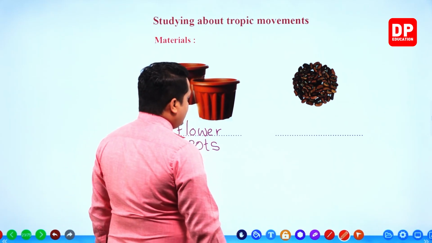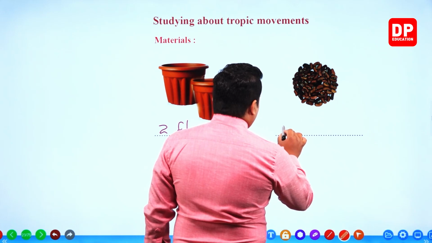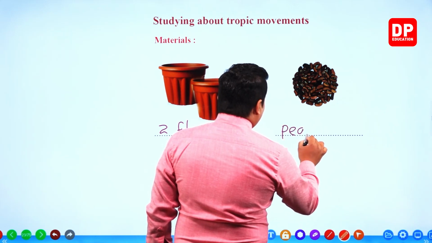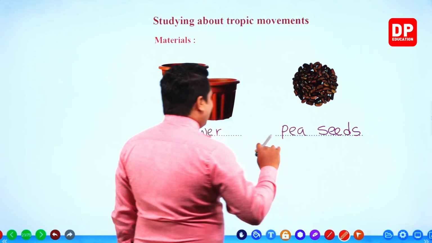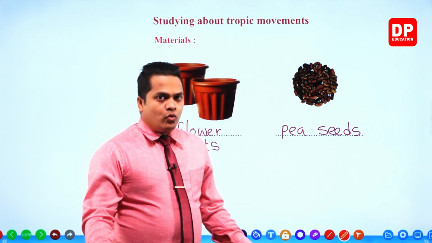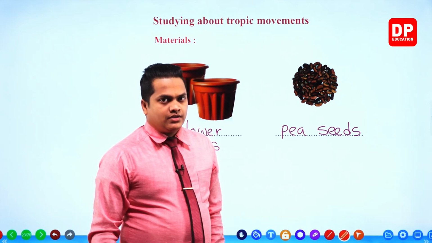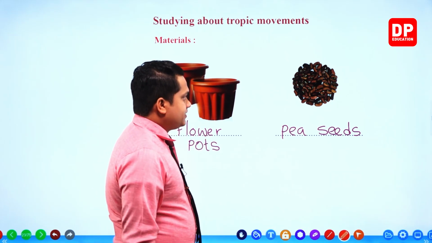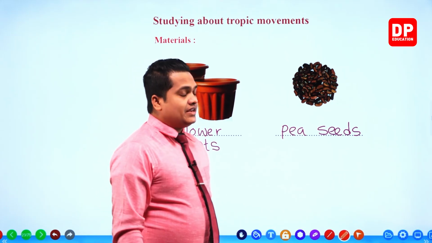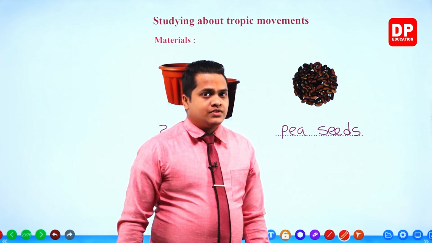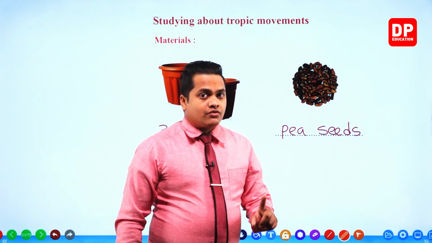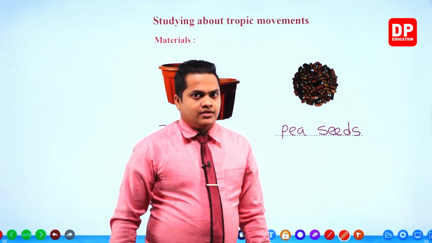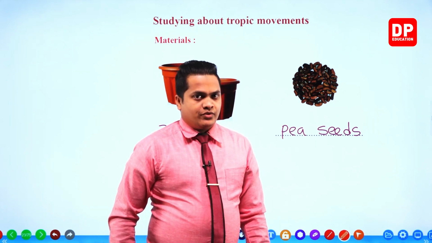Then we'll be needing several pea seeds. It can be any green gram, cowpea, whatever. So these are the two materials that you need in order to observe the trophic movements of a plant.